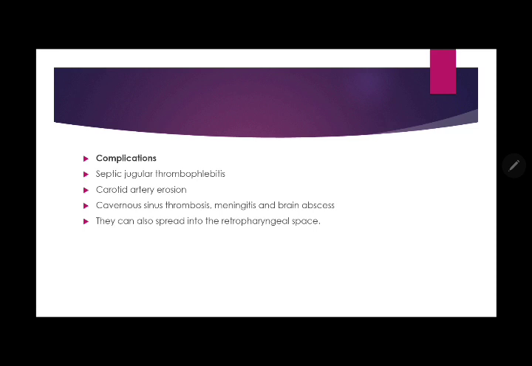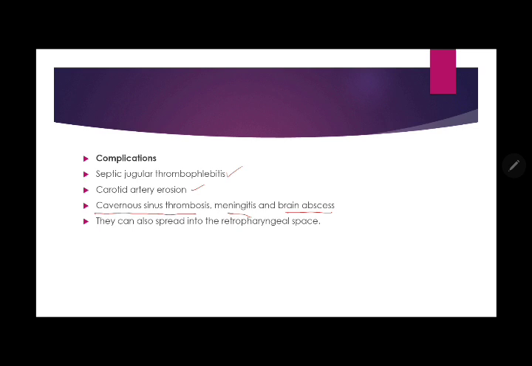Then adding a note to the complications, the complications of lateral pharyngeal abscess include septic jugular thrombophlebitis and carotid artery erosion. These infections have a potential to spread upwards, causing cavernous sinus thrombosis, meningitis, and brain abscess.